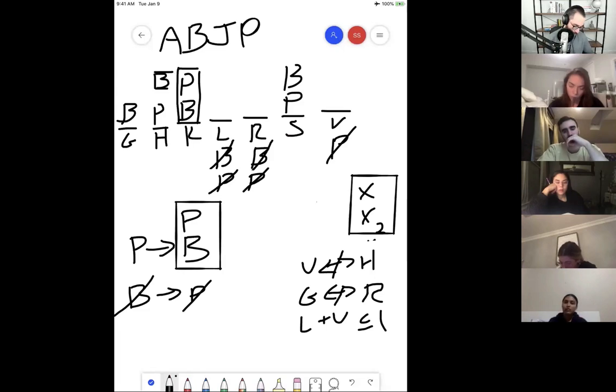The symbol I wrote down here, Natalie, was basically saying that L and V have at least 1. So maybe that could be a little bit clearer. What I meant to write there was less than or equal to 1. That's the best way for me to interpret that.